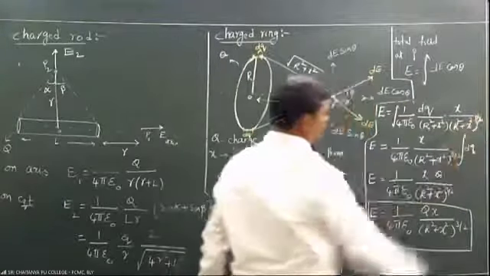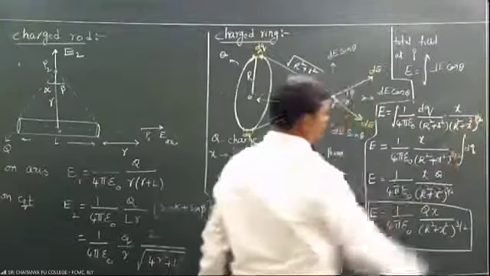Whenever you take the point at the center, x is equal to what? X is 0 because x is the distance from the center to this point. Remember, when they ask at the center, in the formula take x is equal to 0.